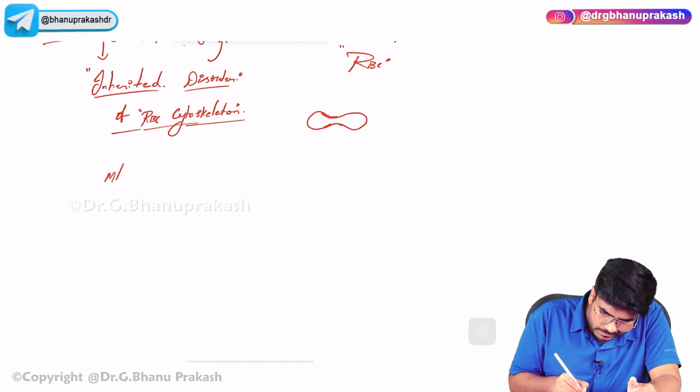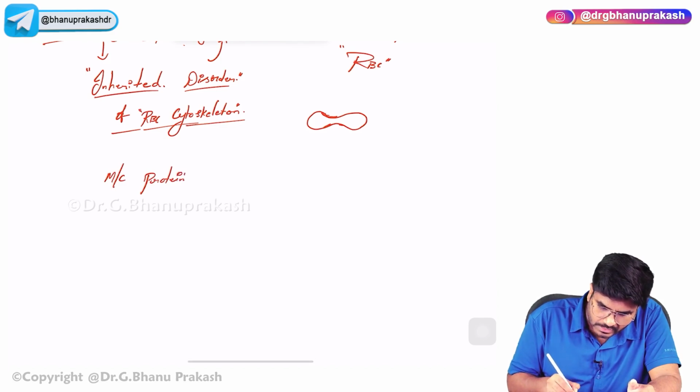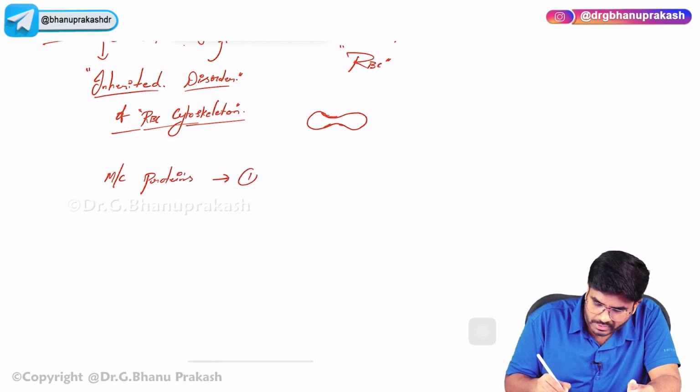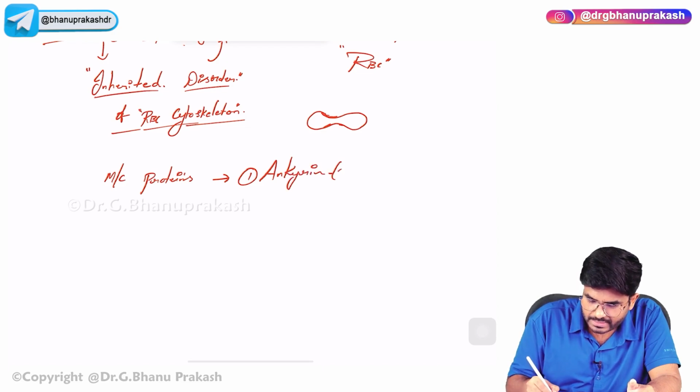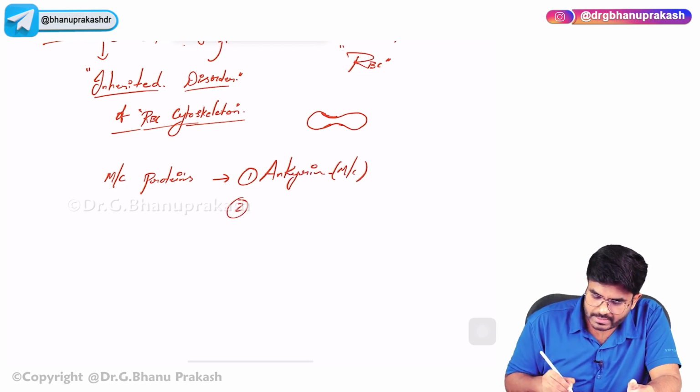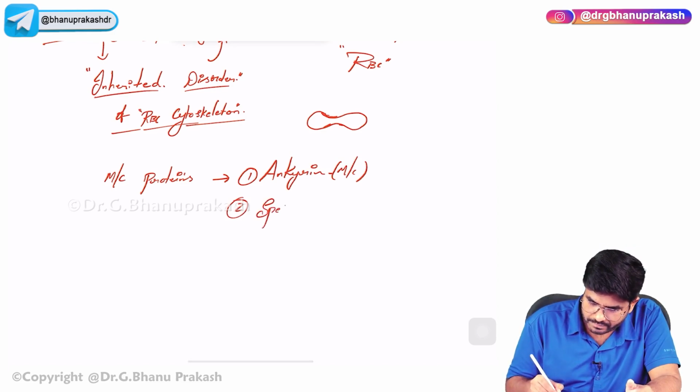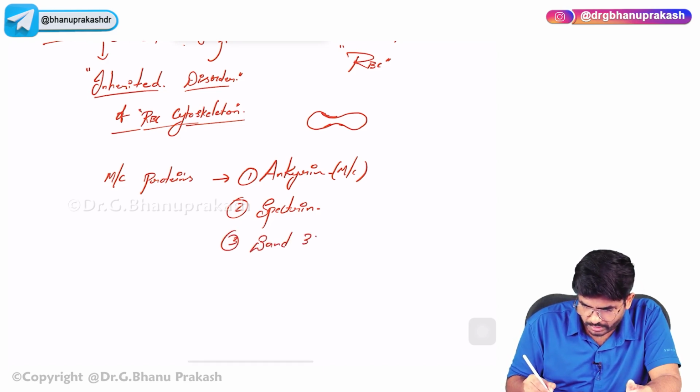The most common proteins that are getting affected: first, number one protein is ankyrin. It's the most common, followed by spectrin and band 3.1.